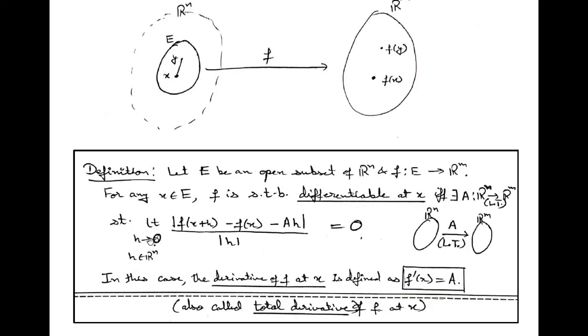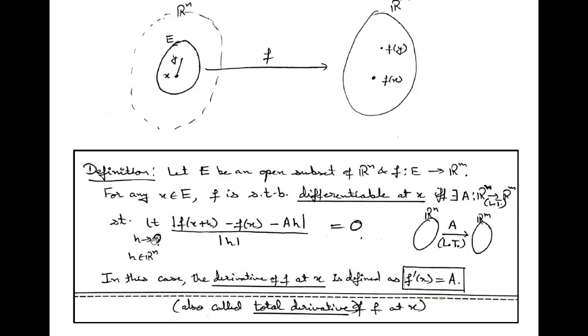Therefore what we have is the limit as the vector h tends to 0. That means the distance between x and x plus h is tending to 0. So effectively the points y, meaning x plus h, are very near points of x, neighboring points of x.